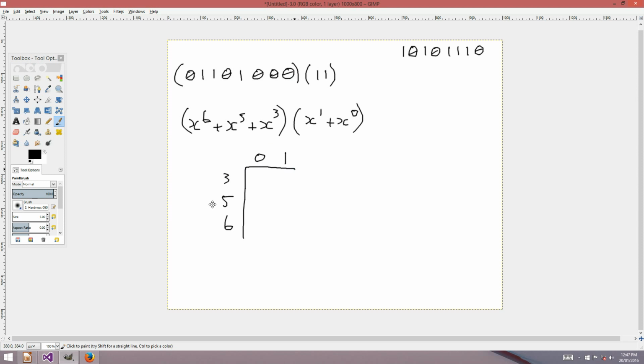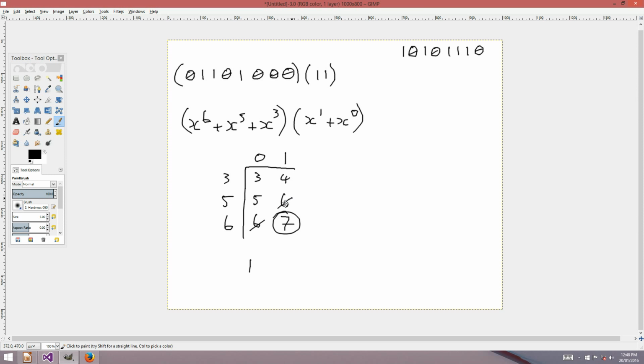Alright, then we just start adding the exponents together. So x to the power of 3 times x to the power of 0 will give us 3. And we've got a 4 here, 5, and a 6, and a 7. Okay, so that's our exponents. After we multiply those two polynomials together, let's join them into a bit sequence. We've got 1, 7 just here, and 1 is obviously an odd number, so we'll put a 1 there.